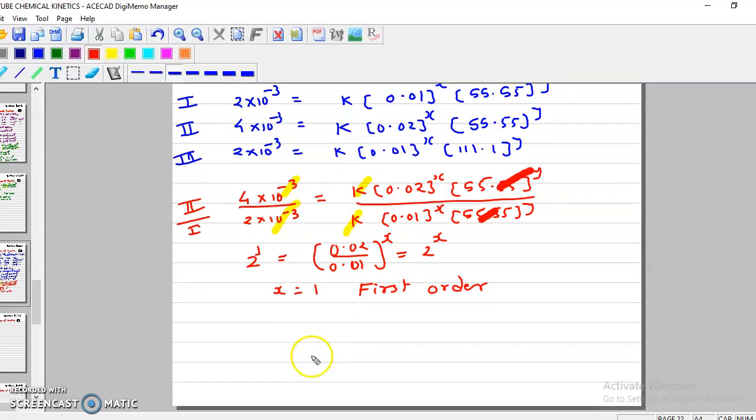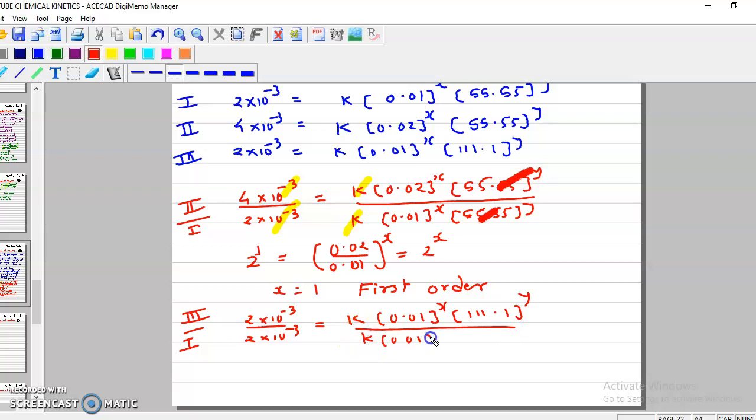Okay, now to find out Y, we will take set 3 upon set 1, and that is 2 into 10 raised to minus 3 upon 2 into 10 raised to minus 3 is equal to K 0.01 raised to X, 111.1 raised to Y, upon K 0.01 raised to X, 55.55 raised to Y. Okay, so here K cancels, 10 raised to minus 3 is cancelled, 2 cancels, so 1 is equal to 2 raised to Y, and 1 is equal to 2 raised to 0.